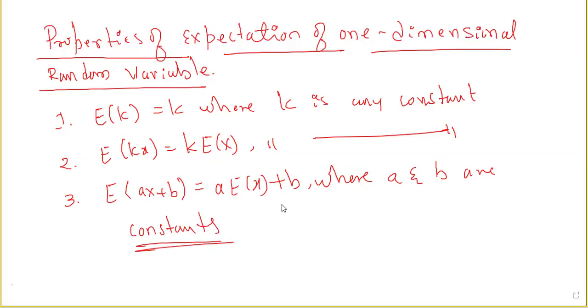So now we are going to prove these three properties with respect to continuous case as well as discrete case, right? So now first we go for discrete case proofs, right? So proof for discrete case, right?